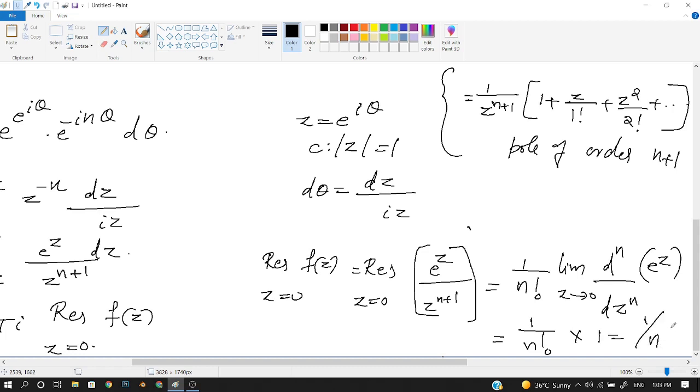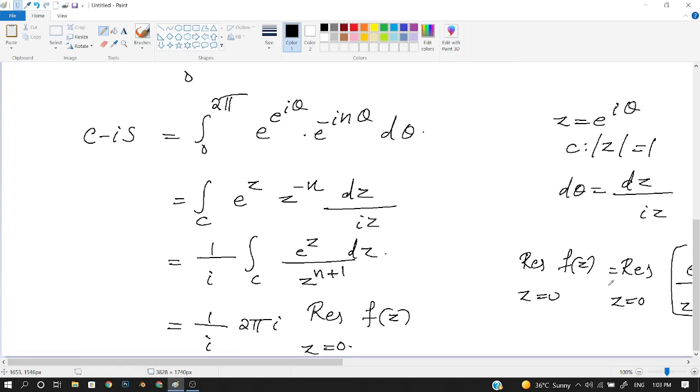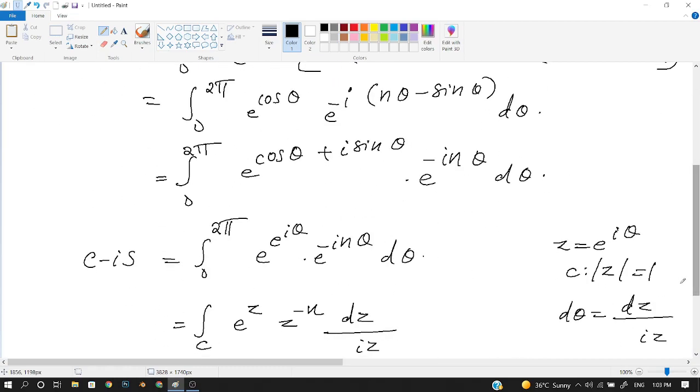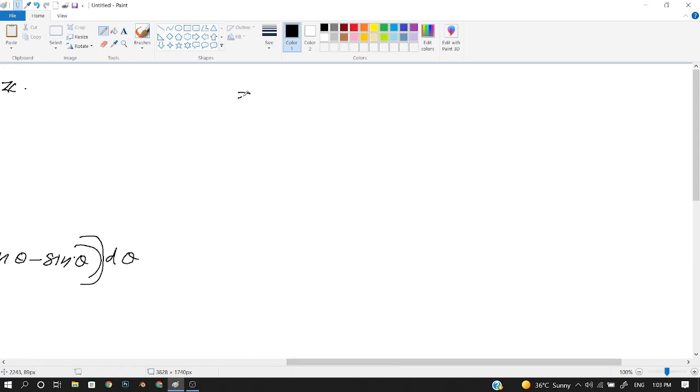So the answer is 1 by n factorial. So you can substitute the value of residue here. So the required answer is, here this i and i cancel, so 2 pi into 1 by n factorial. So the answer is equal to 2 pi divided by n factorial.